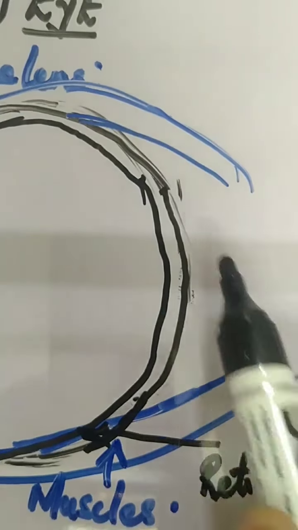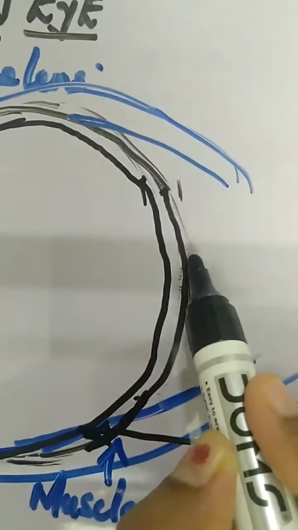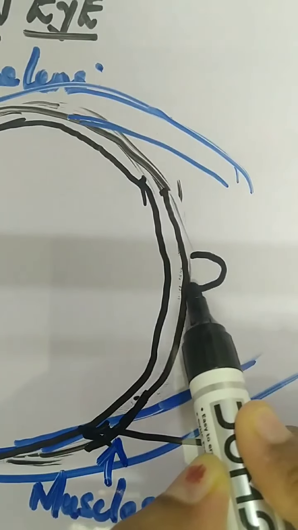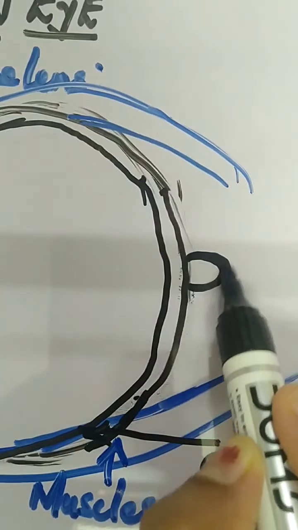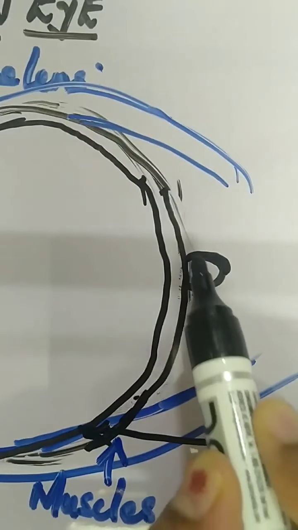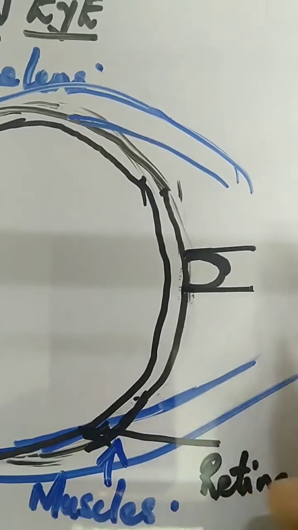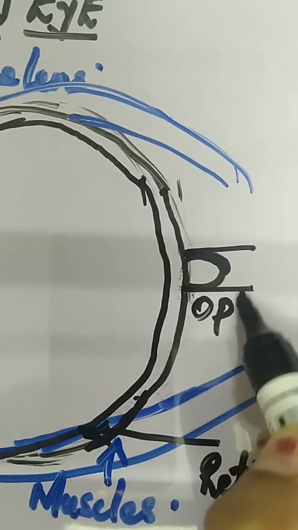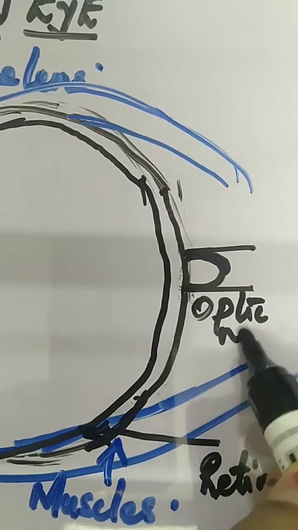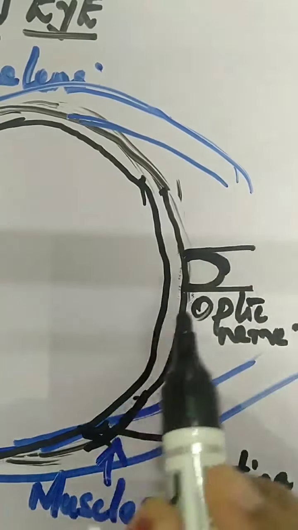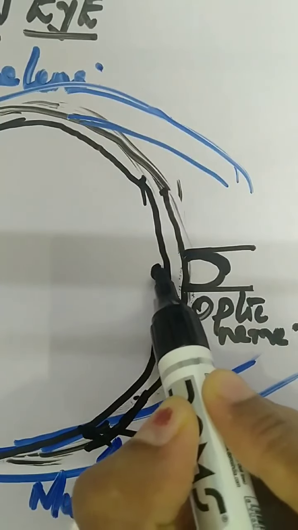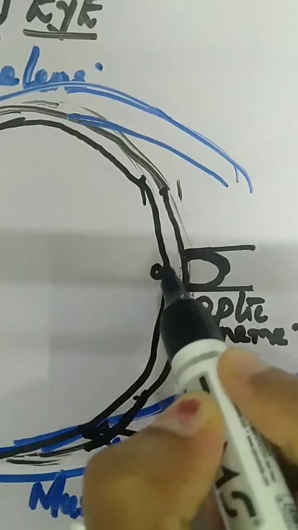Then the next important part of the human eye, just behind, show a small tail-like thing. It is nothing but the optic nerve. And show the nerves. The remaining part of the nerve connection is here.